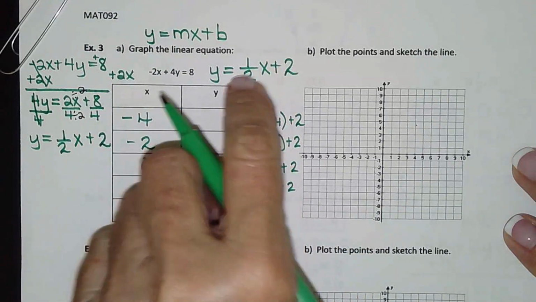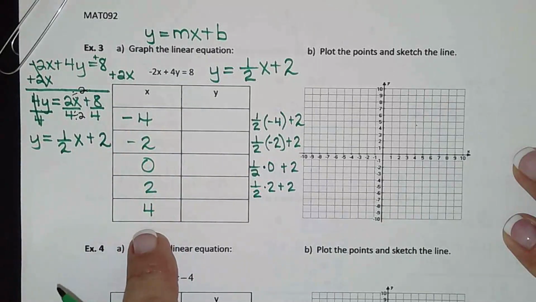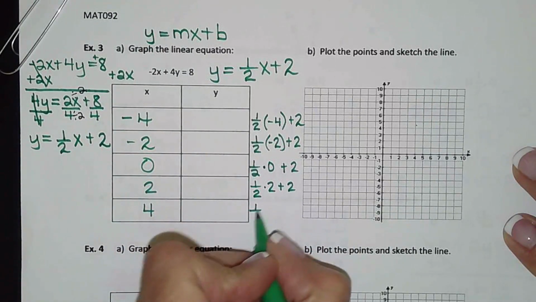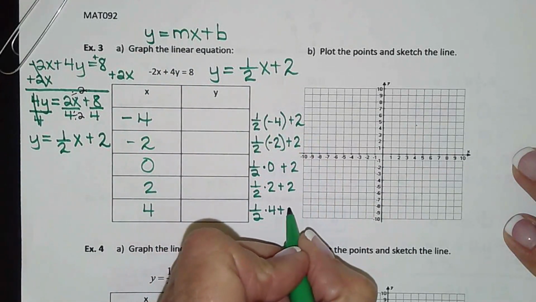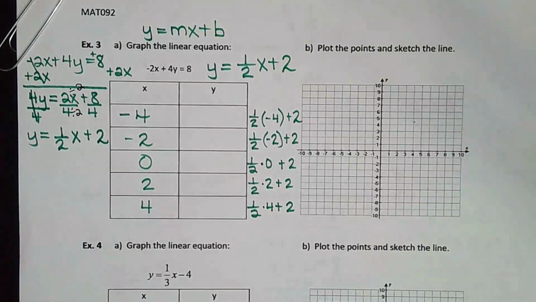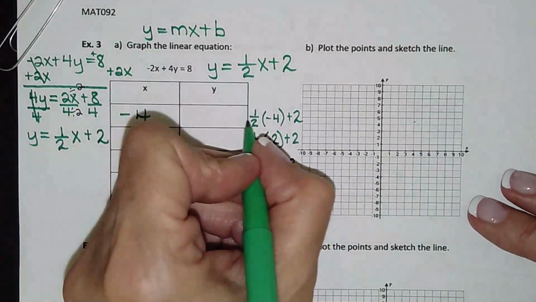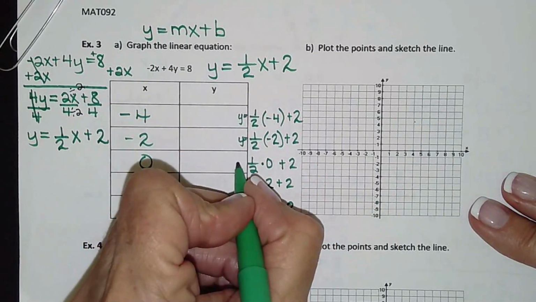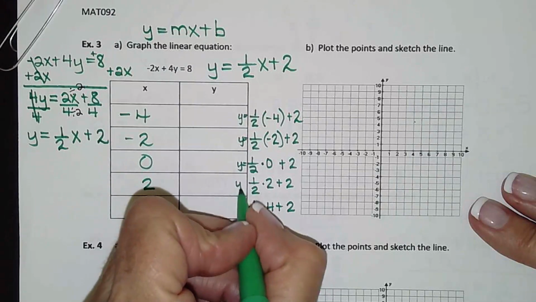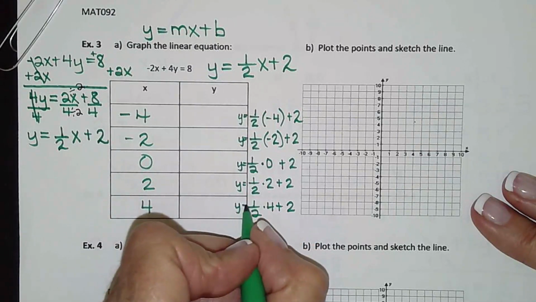So I'm just rewriting this equation with my x values in. 1/2, in place of x, put 4 times 4 plus 2. And then it's all ready for the calculator, and you can just plug it right in and get your y values. So these are all the y's.